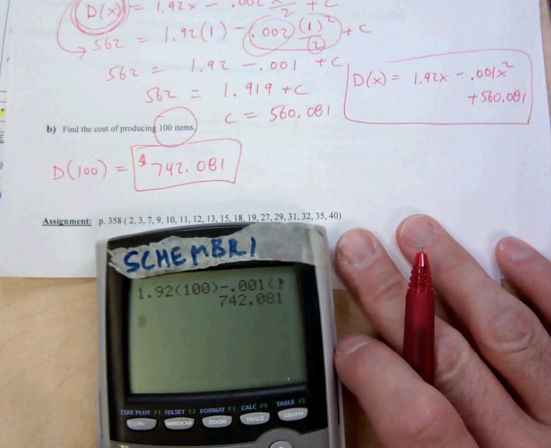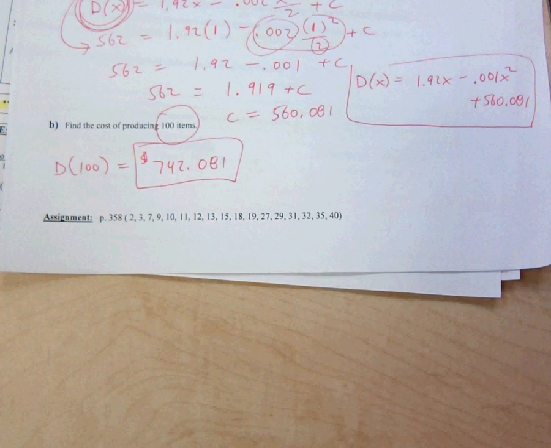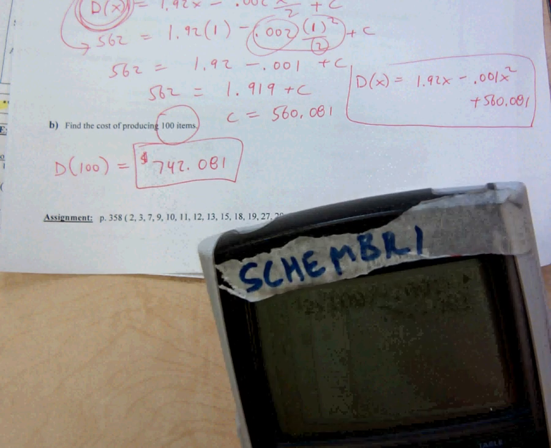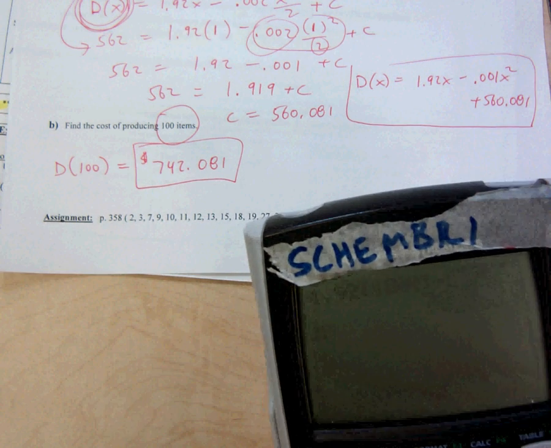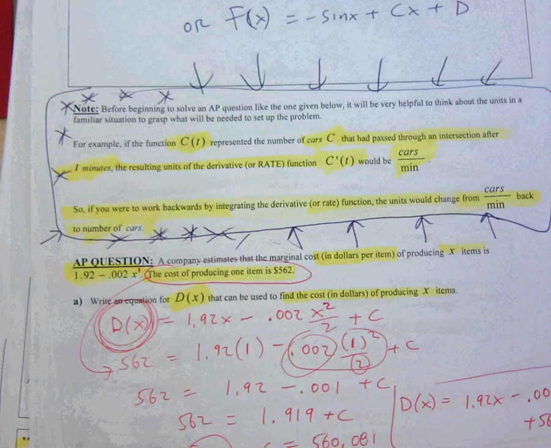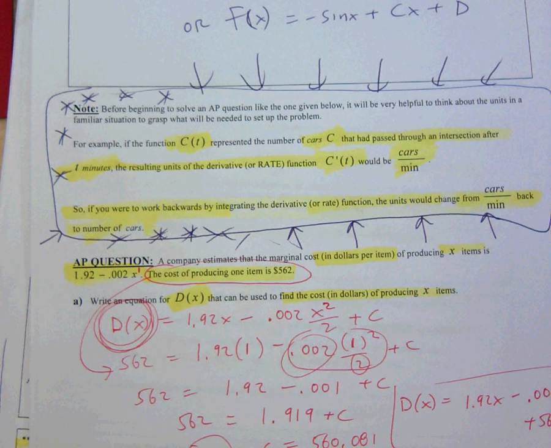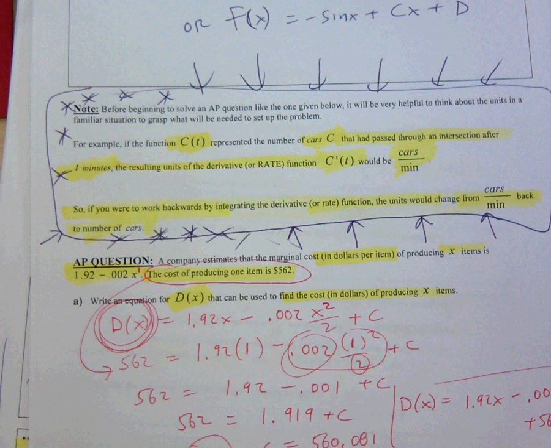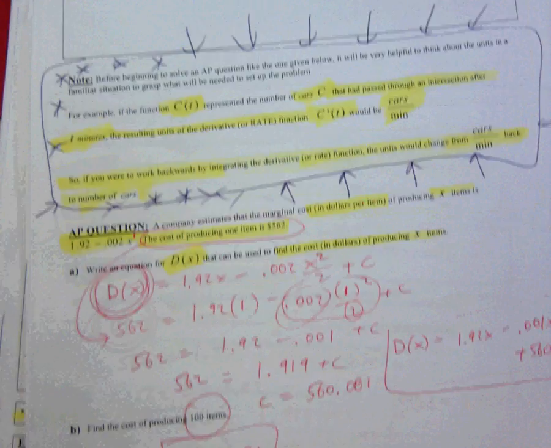Fine, round to 0.08. So, okay, so that was an early introduction to an AP question where it looks very confusing, but if you look at the units, you should know exactly what to do and then just do it. Got it?